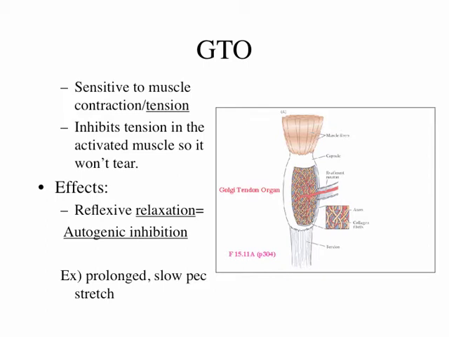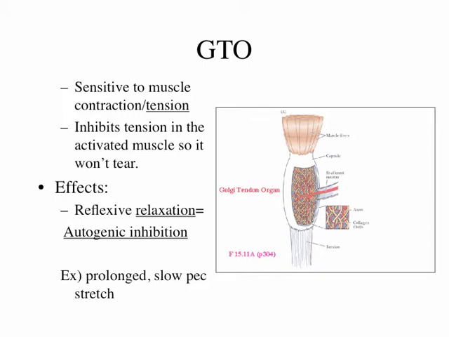So if I can get a GTO to fire by a long, prolonged stretch, and I keep stretching and stretching, eventually it'll fire a GTO, and the message sent to the central nervous system is that we need a relaxation so that the tissue doesn't tear.